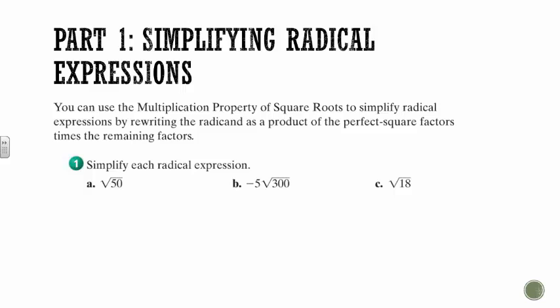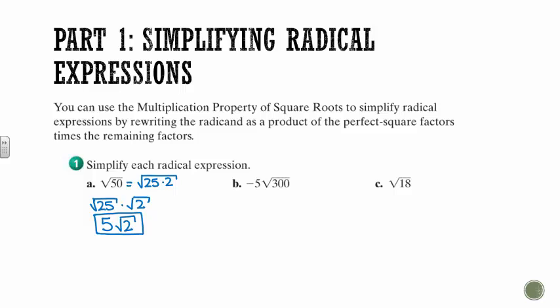So let's try some other ones. 2 and 25 are. So I can break this up into 2 times 25, and then the multiplication property says I can take the square root of 25 and multiply that by the square root of 2, which gives me 5 root 2. This right here is the simplified version of the square root of 50.